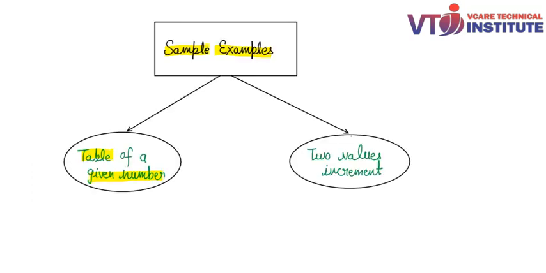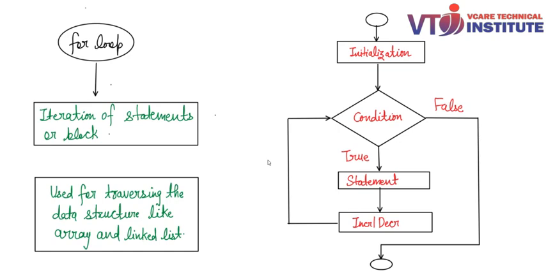Now let's move ahead and move to for loop. So for loop is basically an iteration of statements performed on a block. It is usually used for traversing data structures like array and linked list, which you are all going to read further in further classes.